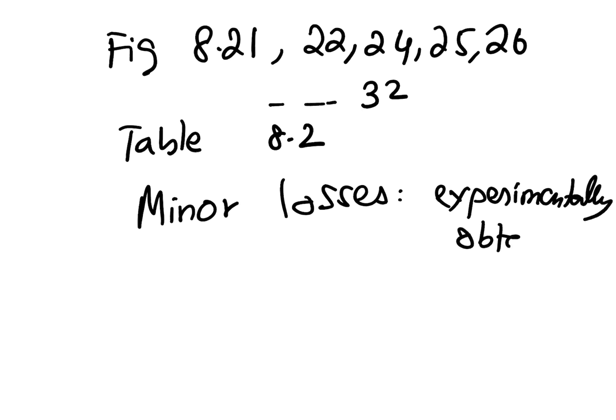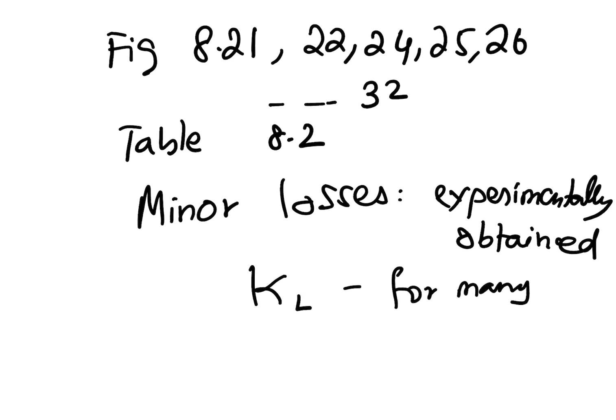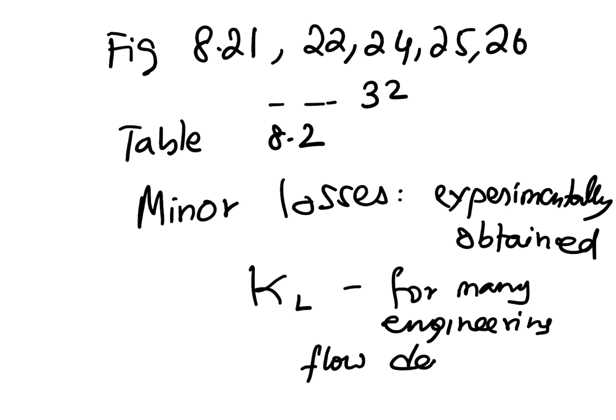We have tabulations of KL for many engineering flow devices. If there is a device that you use that is not tabulated, or there is no data available for it, then you need to do experiments to obtain data.